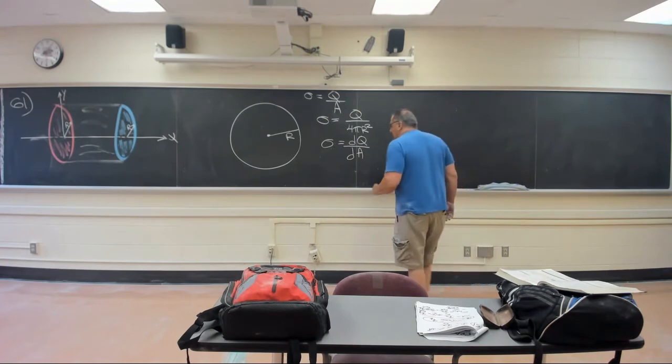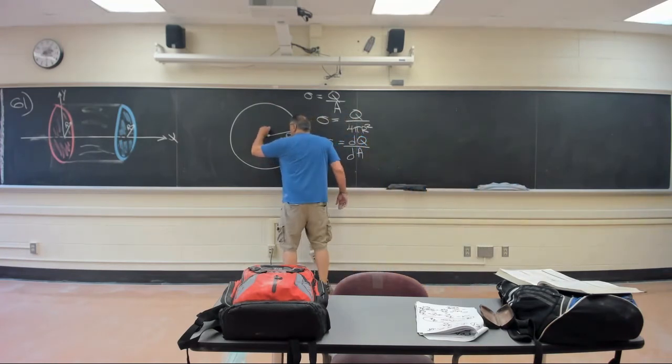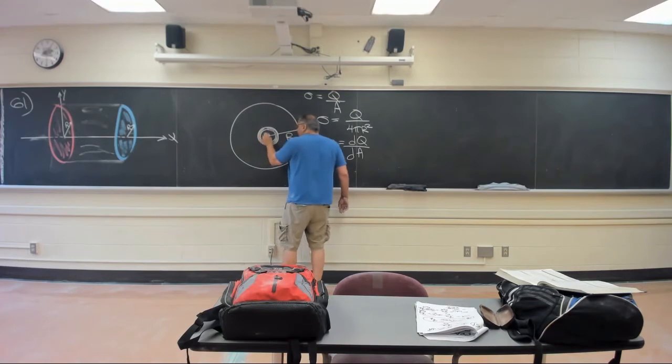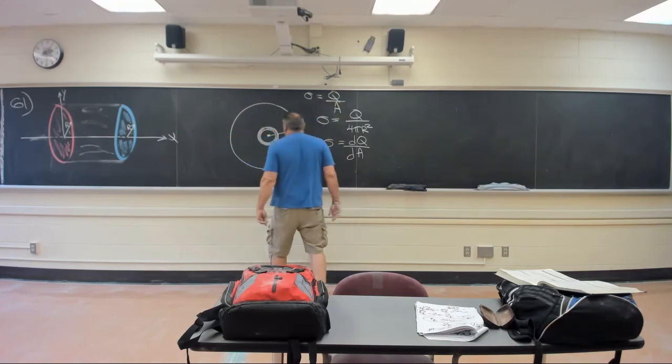If you were going to build rings, like there's a ring and there's a ring, you start from a very tiny ring and go to a big ring, and you just keep going out.